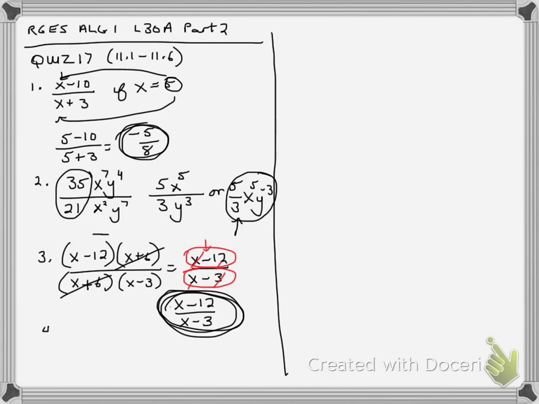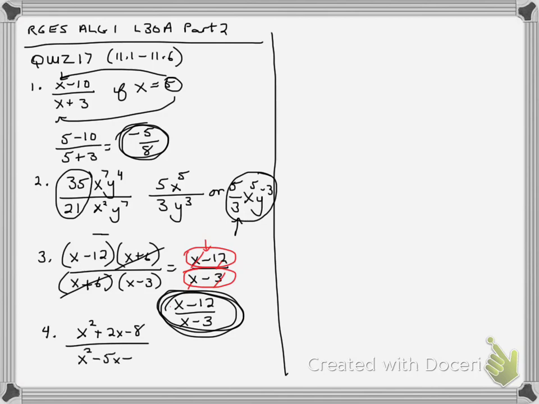Number 4, remember we cannot cancel until we have factors, so we have to factor the numerator with binomial factoring, and we have to factor the denominator with binomial factoring.